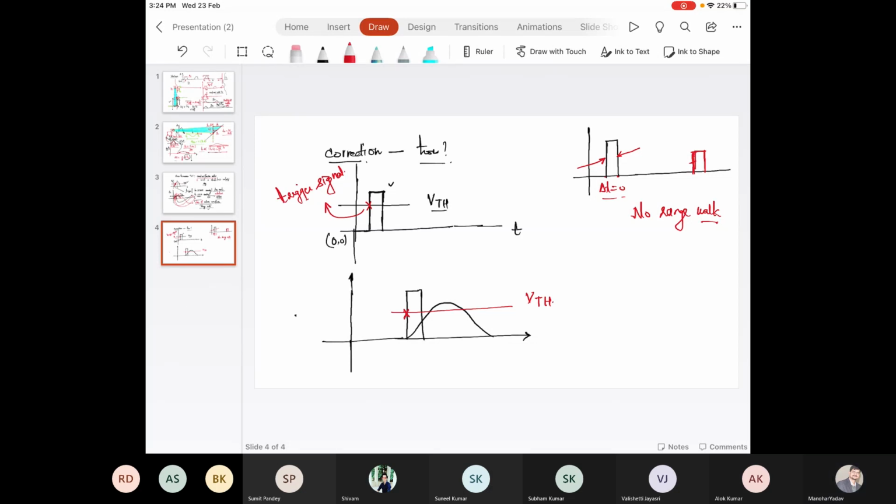But at this point, the return signal, or even the transmitted signal, follows the Gaussian shape. It takes time to achieve the VTH level. That time is over here. Then we can see that this is a correction time TC that has to be applied.